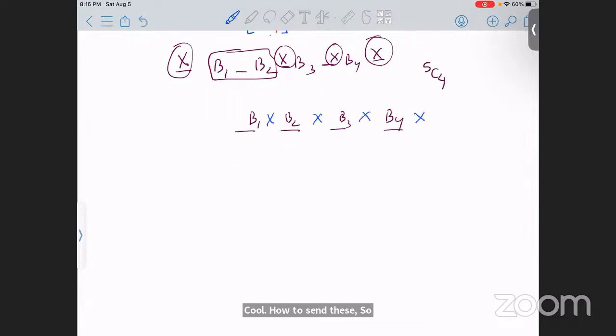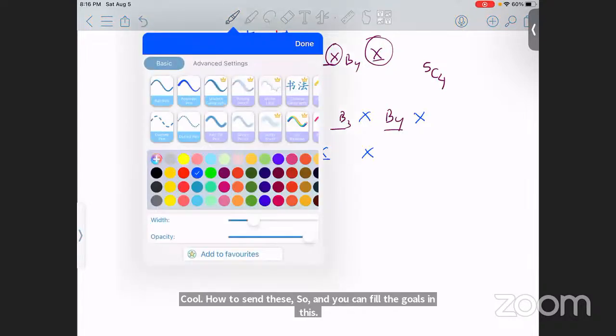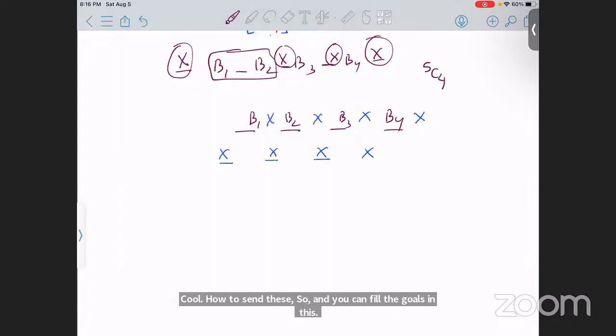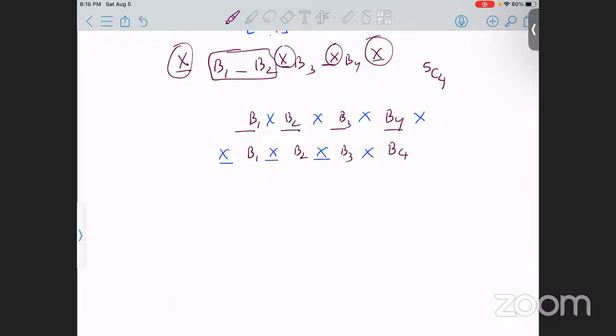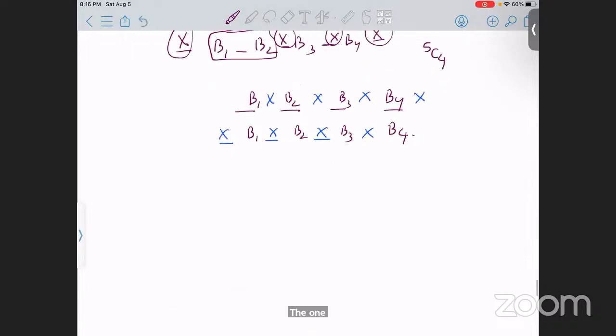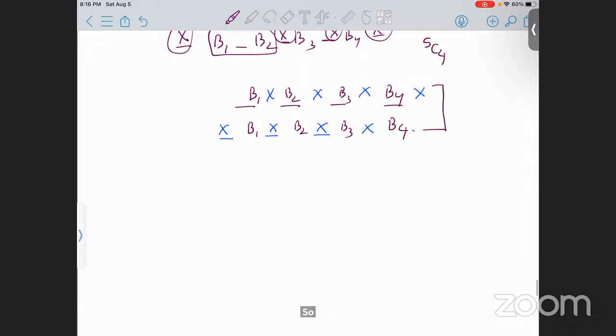And you can fill the girls in this direction also. So these two are the possibilities. So 2 into 4 factorial into 4 factorial.